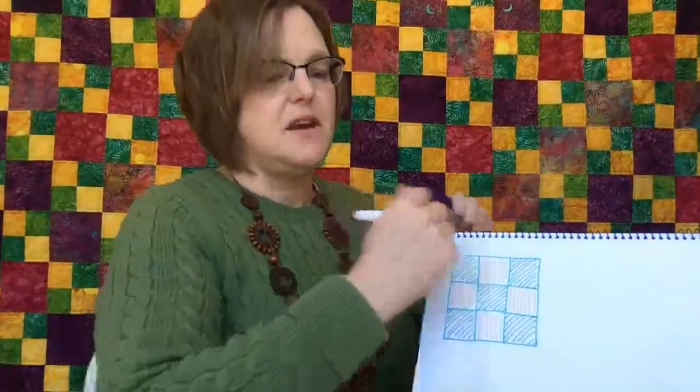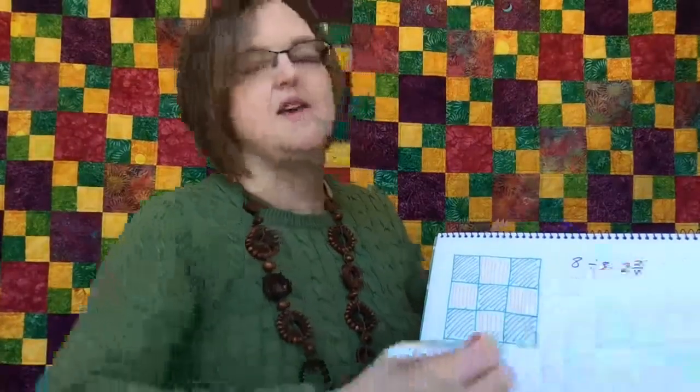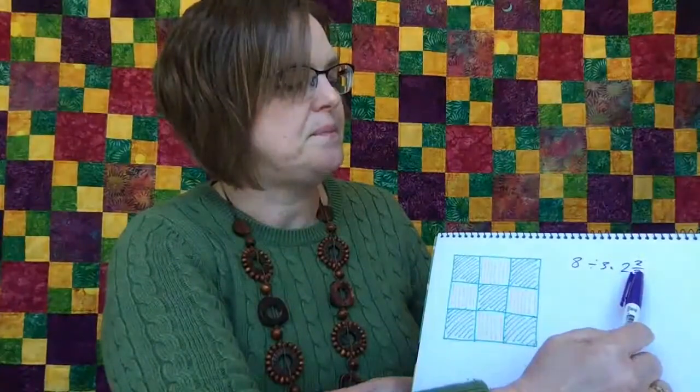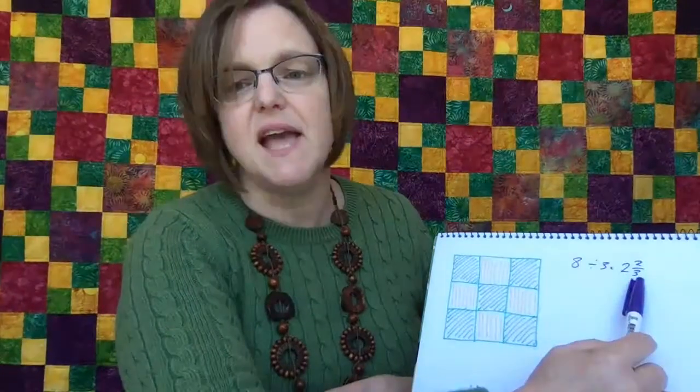Now, most quilters do not use thirds in quilting. And there's no ruler that I've seen that has thirds in it. Thirds don't really work at all. But 2/3 is kind of close to 3/4.